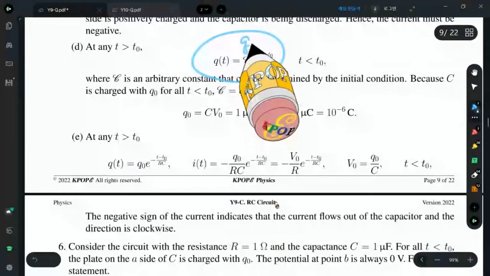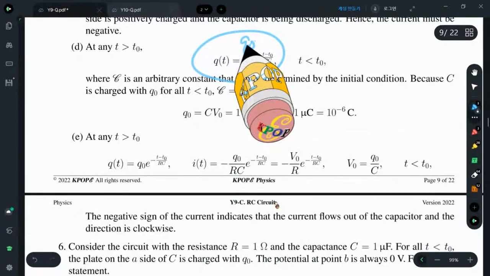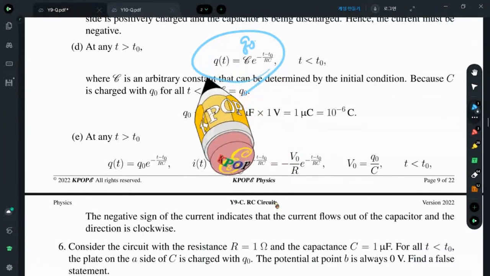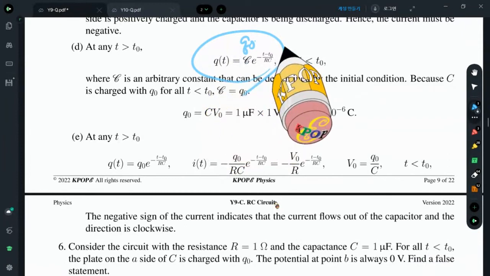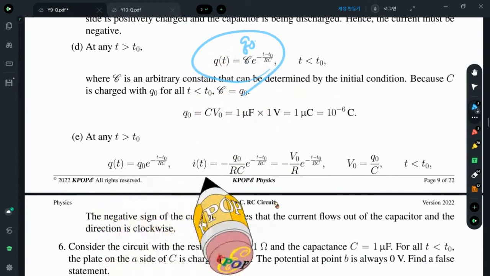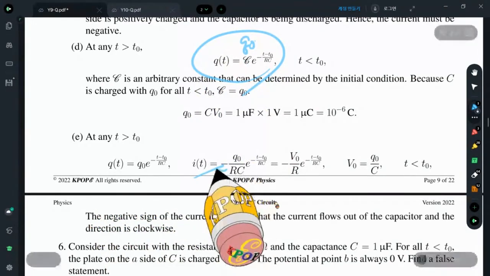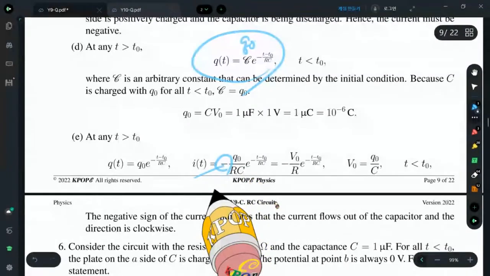Therefore, the constant C is nothing but Q0. That Q0 is the charge contained inside the capacitor at t equals t0. Using this Q, you can take the derivative to find the current. Oh, we have a negative sign on the current.